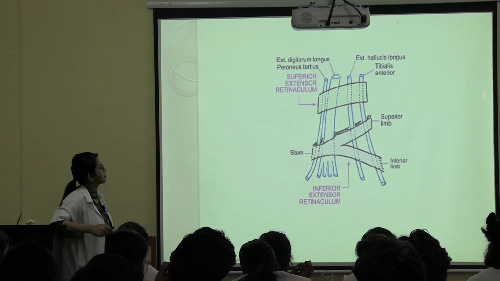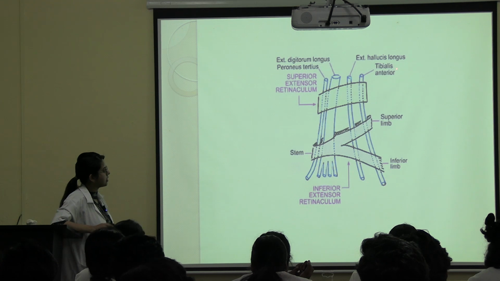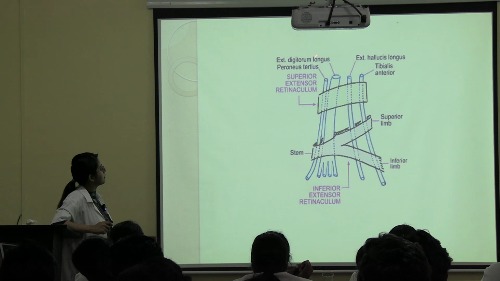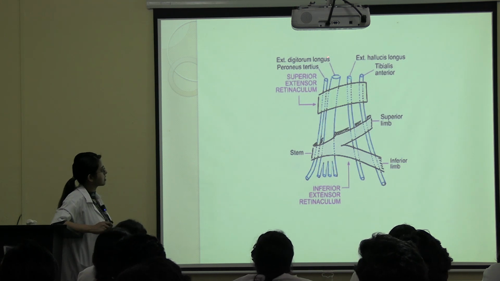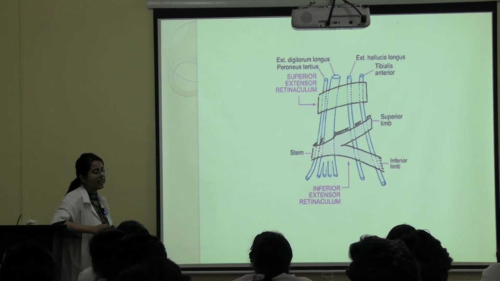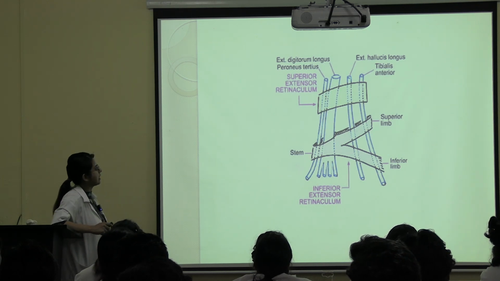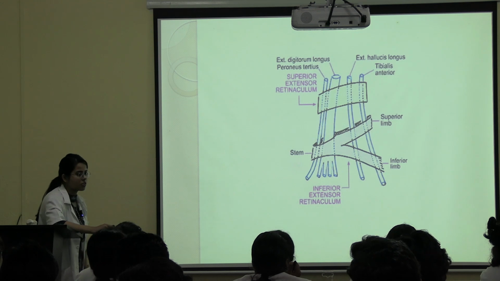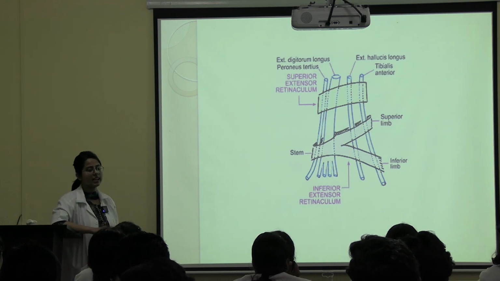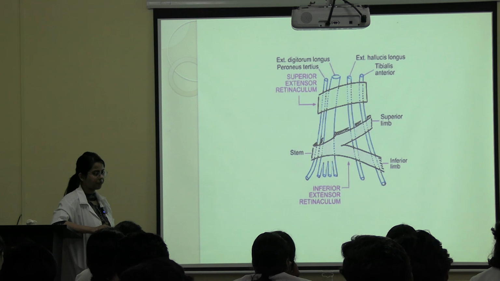In between extensor hallucis longus and extensor digitorum longus there will be the anterior tibial artery and deep peroneal nerve, and lastly peroneus tertius. These are the structures present on the anterior surface of the lower end.